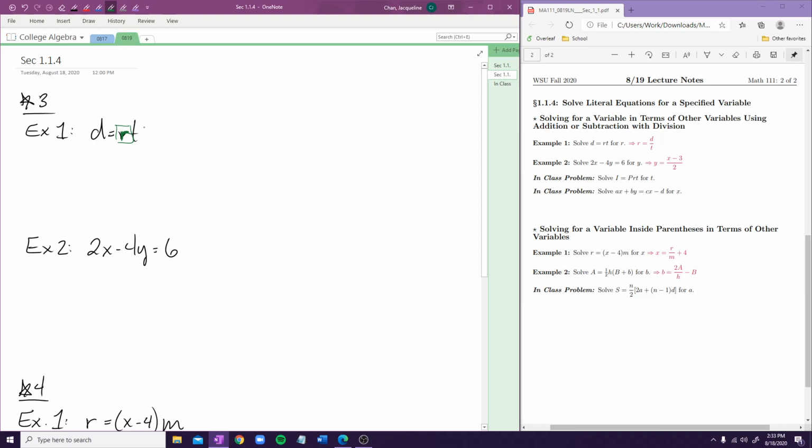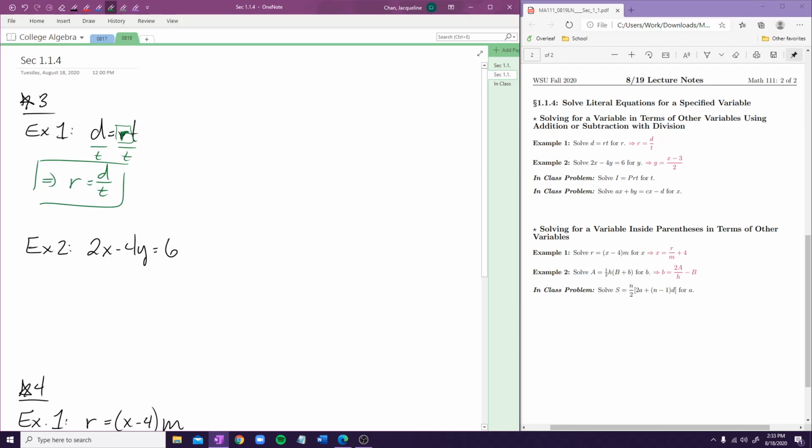If this r is attached to a t, just think that t is a coefficient. Imagine it's 3 or something. If it was 3, what do you do? You divide both sides by 3. So since it's t, and I want to get r by itself, I'm just going to divide both sides by t. When I do that, I get r is equal to d over t.